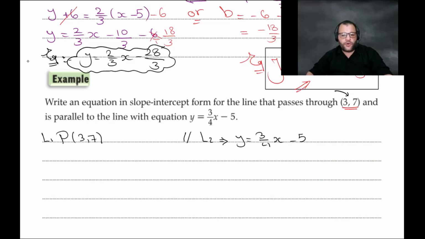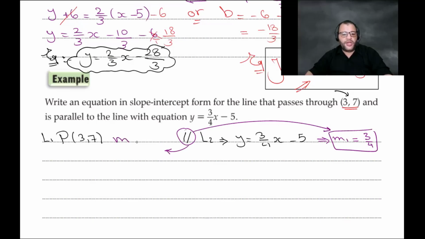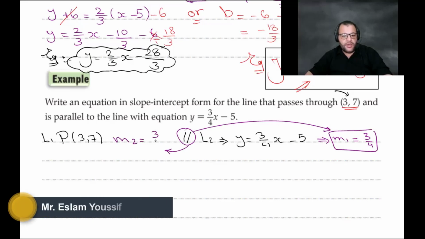From line 2, we find M1, which equals 3 over 4. So when I say parallel or perpendicular, just find the slope M1. If they are parallel, go back to the relation: M1 equals M2. It means the second slope also will be 3 over 4.